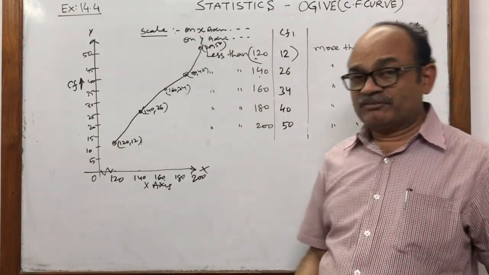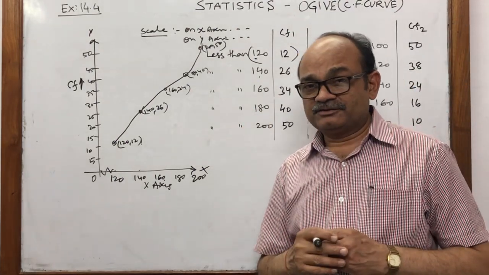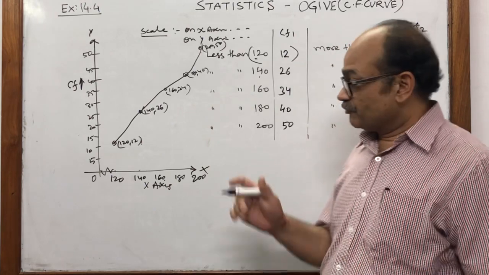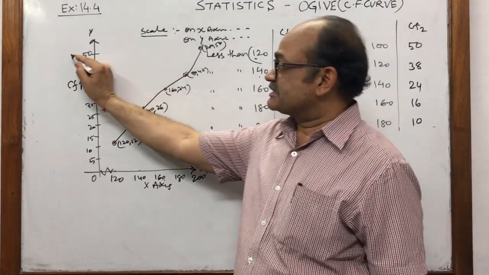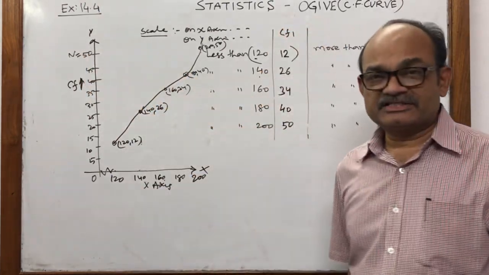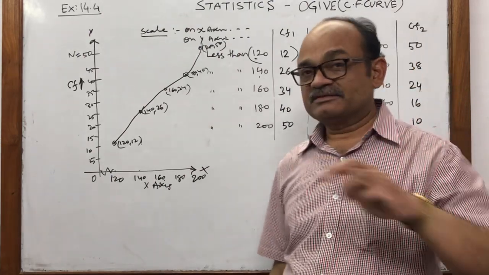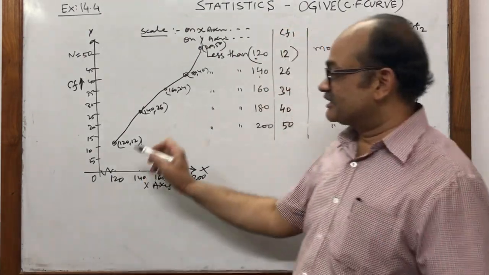Now the important point, one more, how we calculate median through this curve. For median, N is 50. And you know median means 50-50, that is 25.